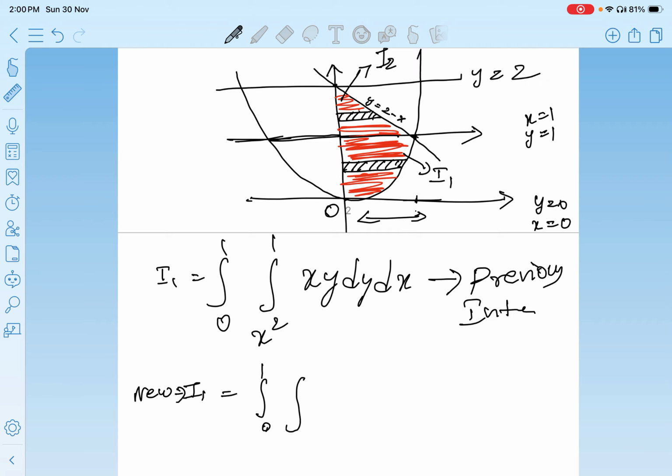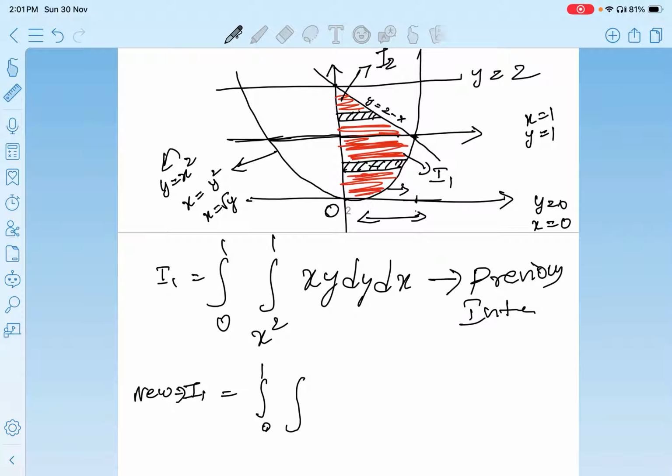The next one is our y. We already know that this parabola is y equal to x square. What we did is change this strip into horizontal, so this is going to change. Your x equal to y square, which we can write as x equal to root y.